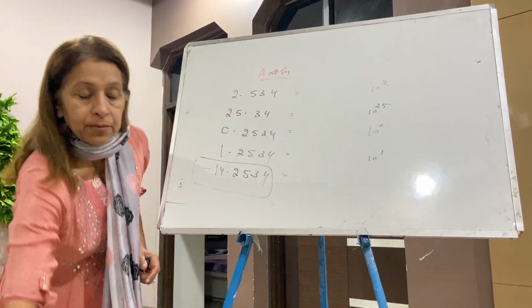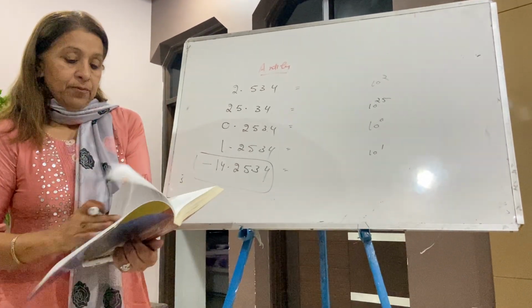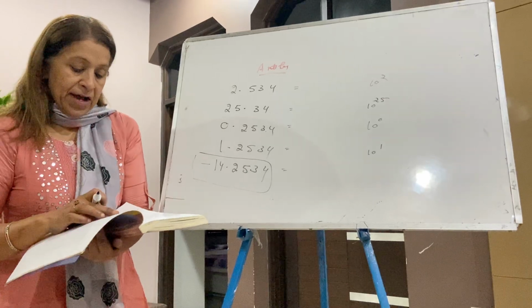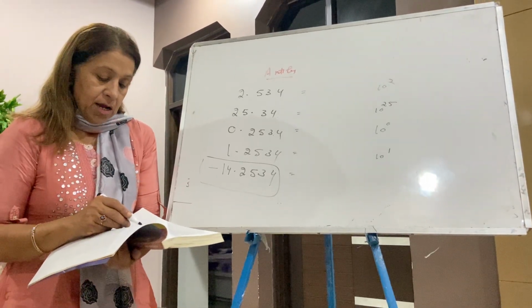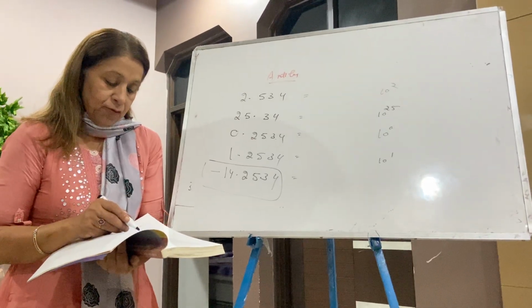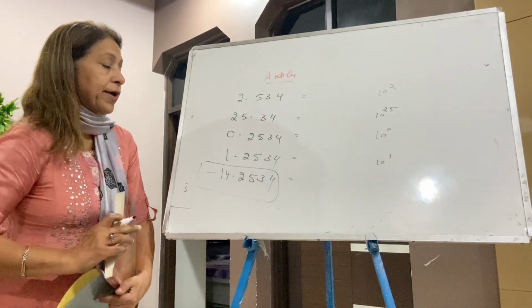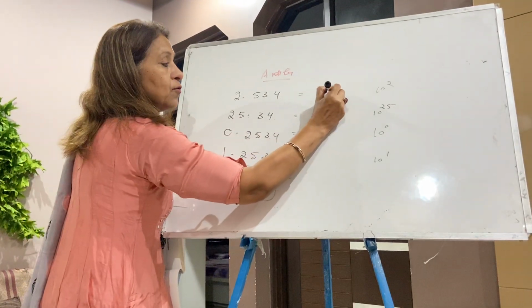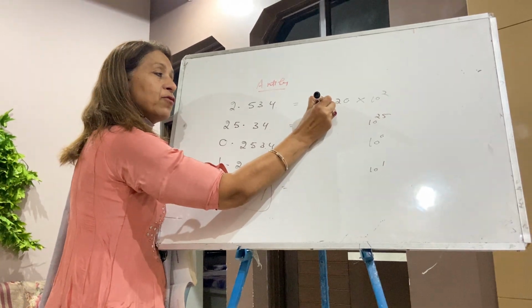The first is the antilog of 0.53, in column number 4. Open the NCERT and check whatever it is in the fourth column. It is 3420. Write down 3420 and always put a decimal after one digit.